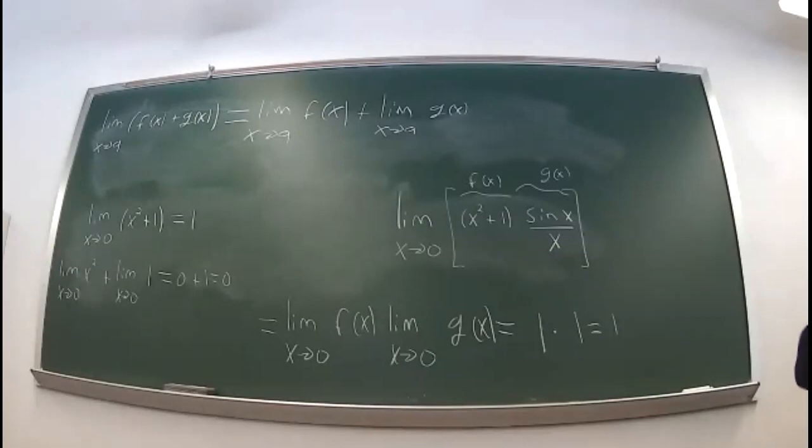Check out page 76 for the other ones. There's a constant multiple law. If you multiply a function by a constant, then the limit of that is going to be the constant times the limit.